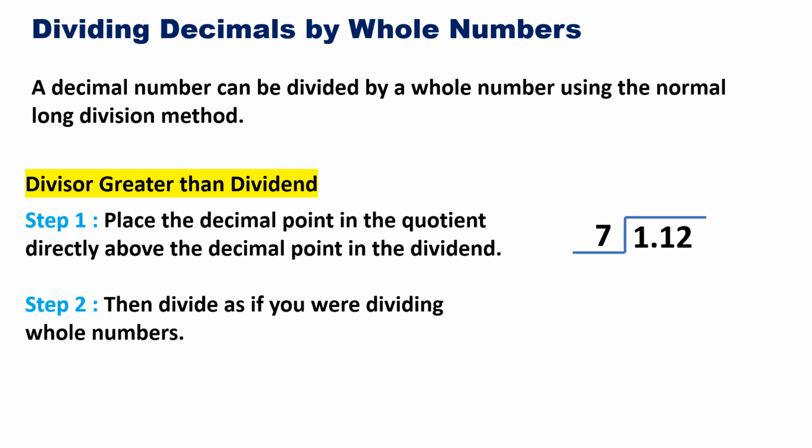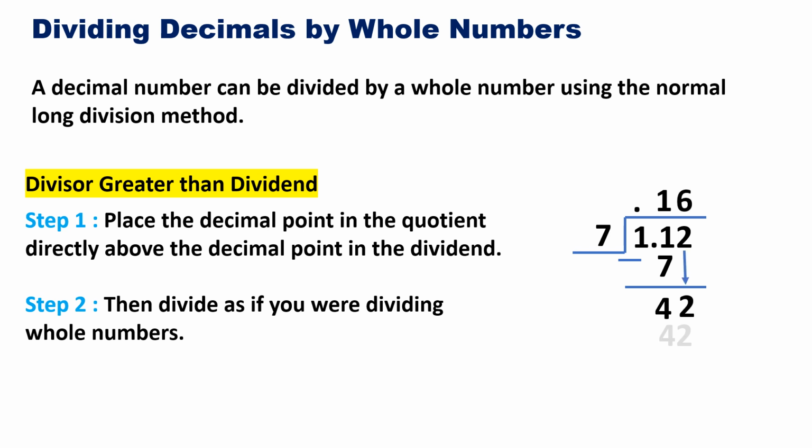1.12 divided by 7. Here the divisor 7 is greater than the dividend 1.12. So first the decimal point will come in the quotient. Then we'll do the normal division. 7 ones are 7, so 11 minus 7 is 4. Then the 2 will come down.